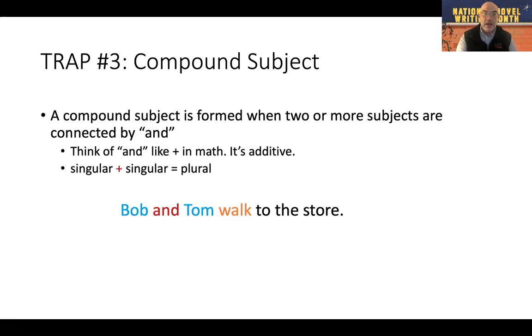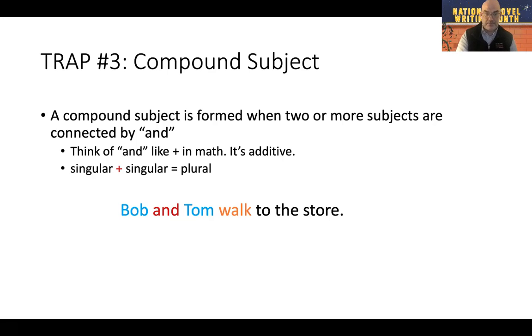So a singular plus a singular equals plural by definition. Bob is singular, Tom is singular. Bob plus Tom is plural, okay? So you wouldn't say "Bob and Tom walks to the store." That would be pairing it with the wrong number. Bob plus Tom is plural, so we need "Bob and Tom walk," all right?